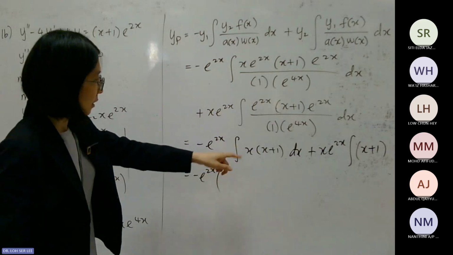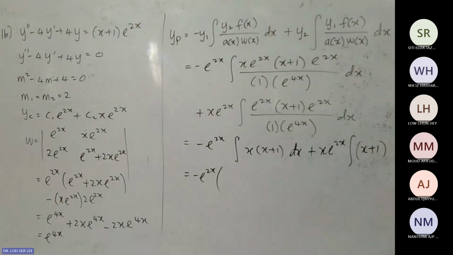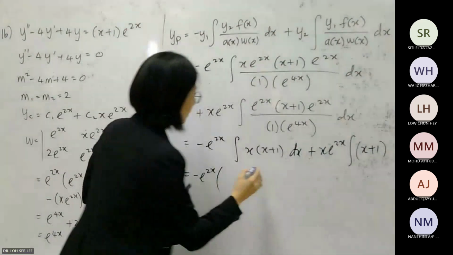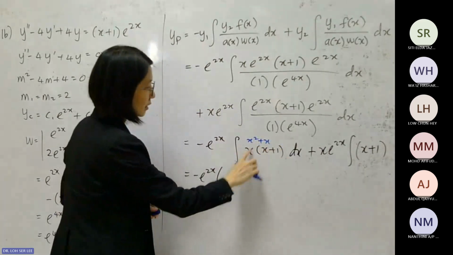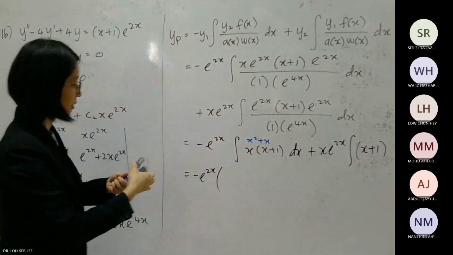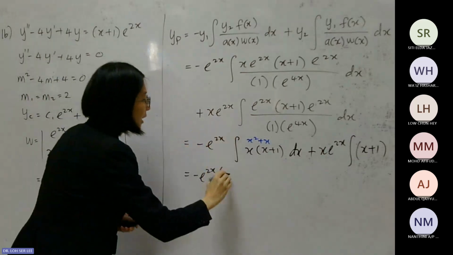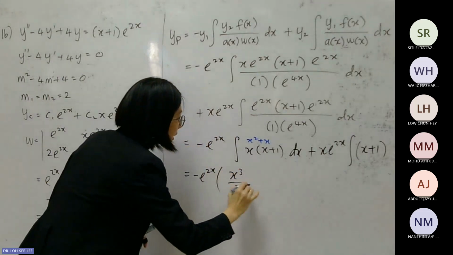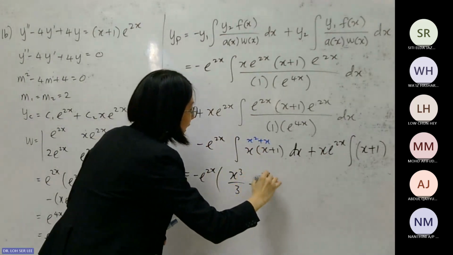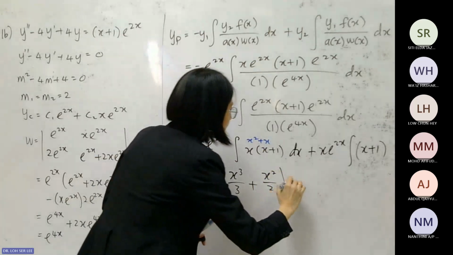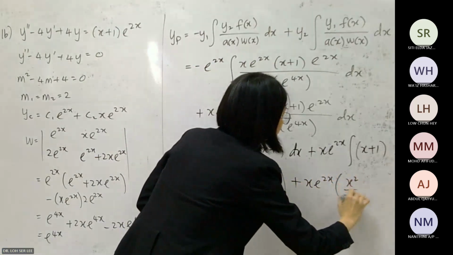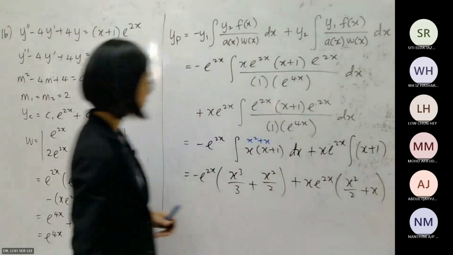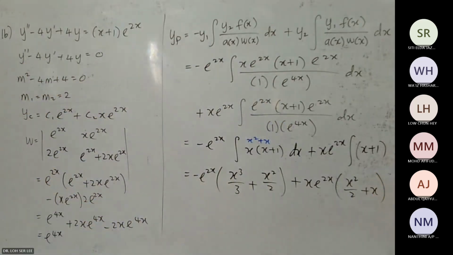This is x squared plus x. So when you integrate x squared, you get x cubed over 3. Integrating x, you get x squared over 2. Then simplify.